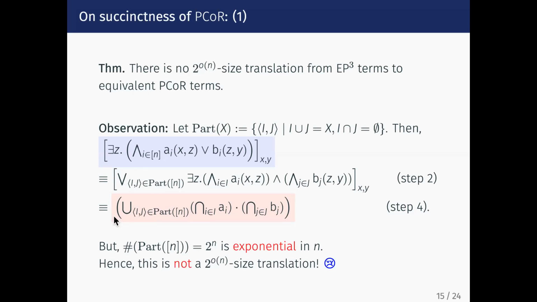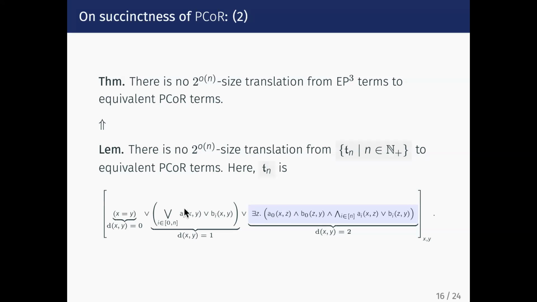Based on this observation, we construct hard terms. Let Tn be the following term. Intuitively, this part is based on the previous one, and this part and this part are for covering all the pairs of distance 0 and distance 1.